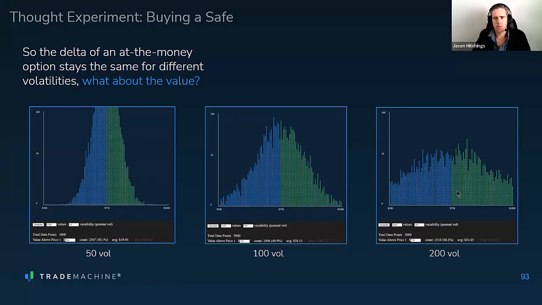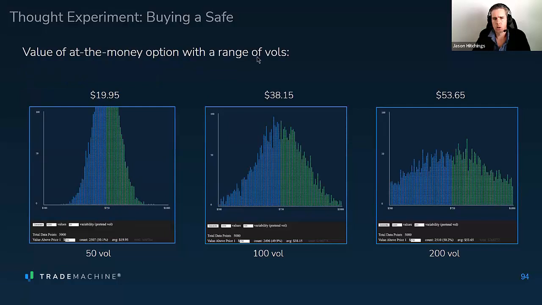So what about the value? Does the value in the option stay the same as the volatility increases if we have that 750 strike call? No, it doesn't. The value changes pretty radically. We're capturing more and more potential movement. You can just imagine if there was a chance that the safe could have between $0 and $1 million in it, well, there's a chance that you're going to end up with values at 750,000 or 250,000.